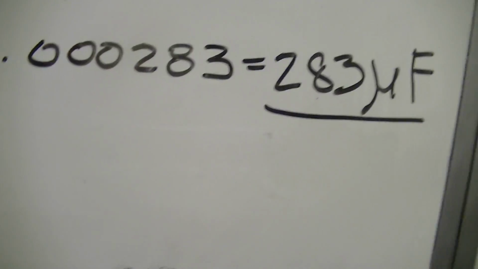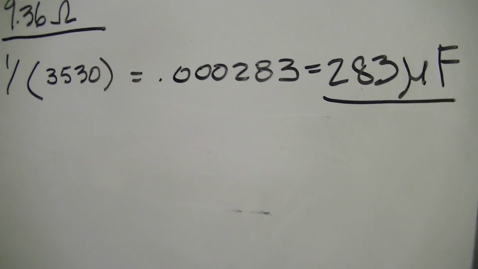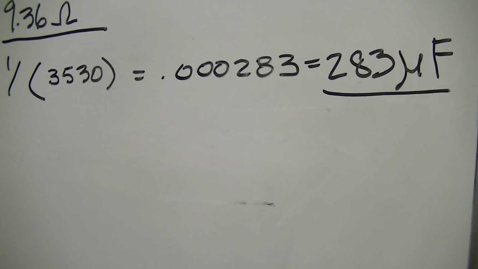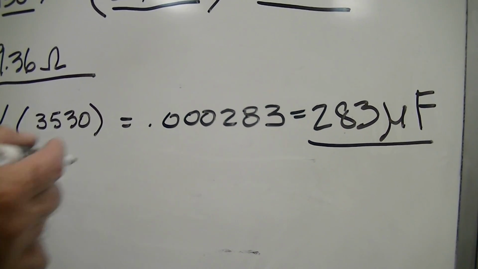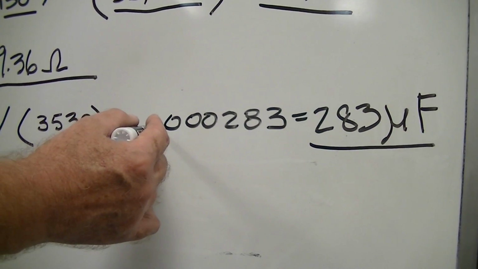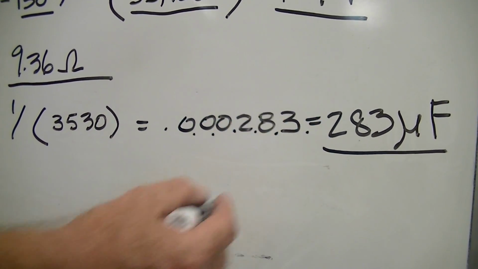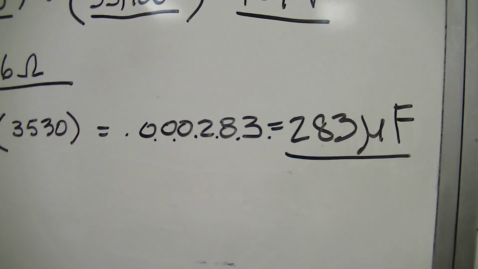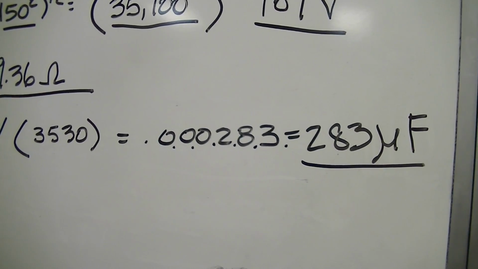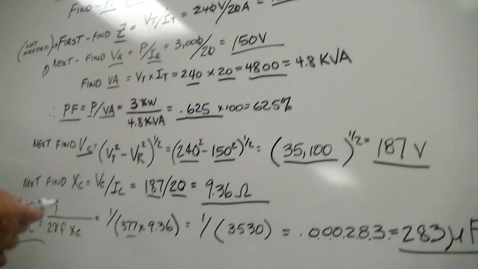And when I plug that in and do a 1 over x, I end up getting 0.000283. I've got six decimal places here: 1, 2, 3, 4, 5, 6. So therefore, I could express that as 283 microfarads. And that is it.